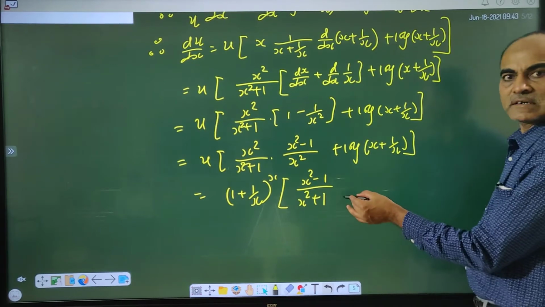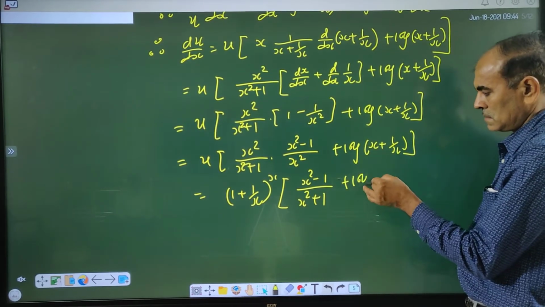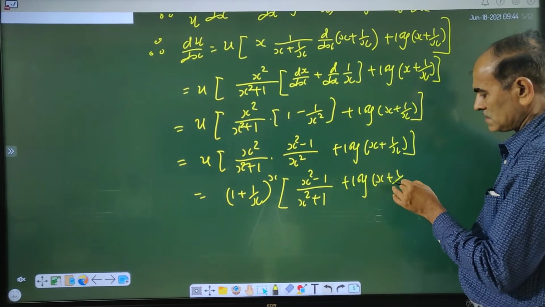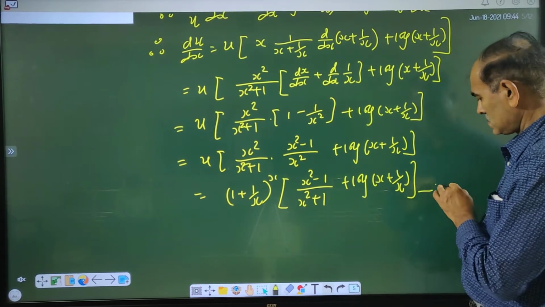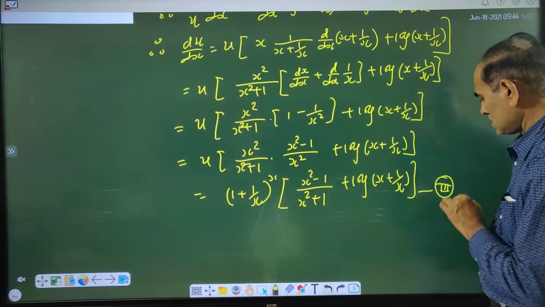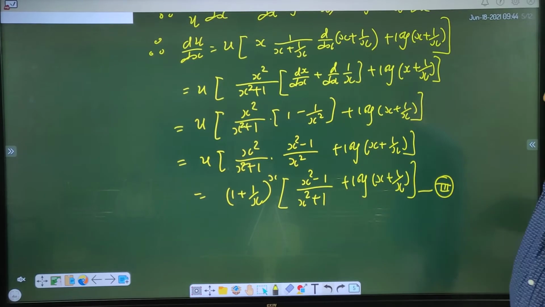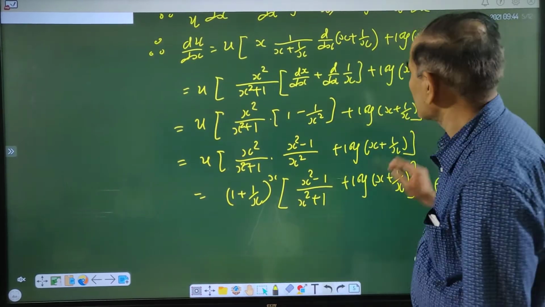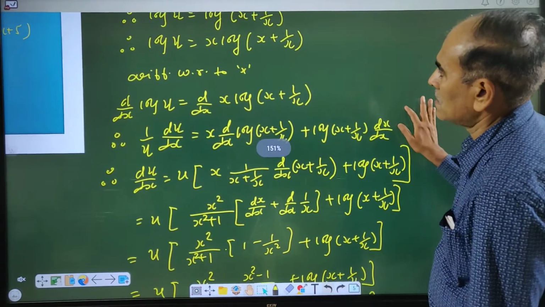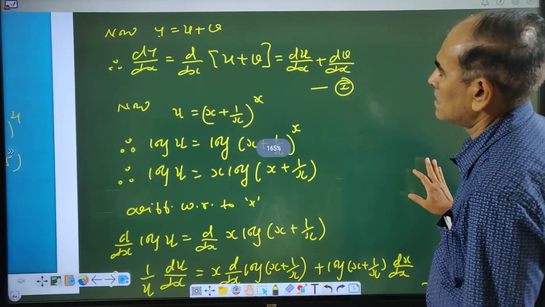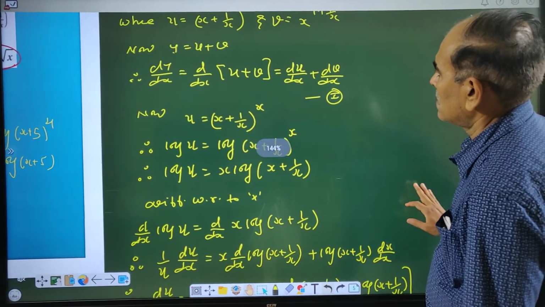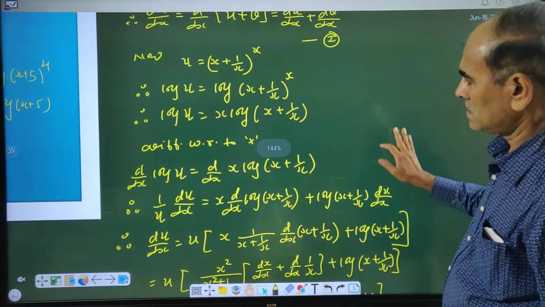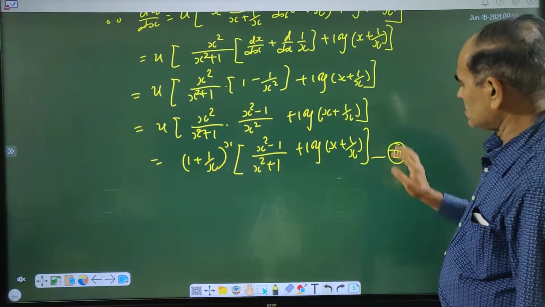Rest of the part as it is, the second one, log of (x plus 1 by x). So this is result number 2, not 3. First one is result number 1. This one is result number 2.